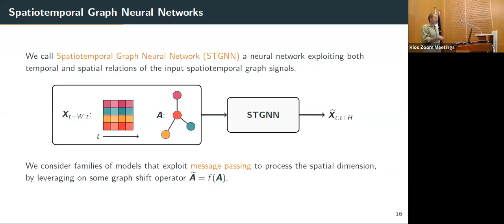Okay, so let's again look at the picture. We have our multivariate time series. Each row is a signal, a discrete signal, and we have these capital N sensors.